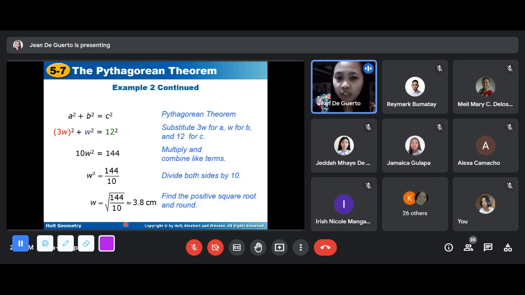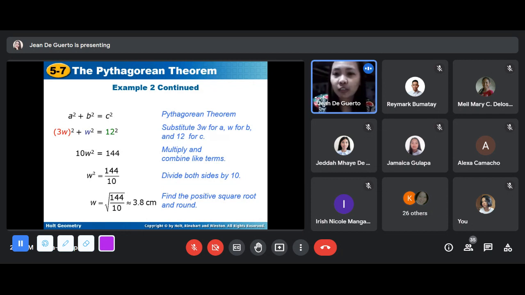You make use of this symbol. Okay, especially pag hindi siya exact yung decimal na lumabas. Ibig sabihin naka-round off lang yung final answer ninyo. So, kagaya ng nabanggit ko, you need to attach or write the correct unit of measure doon sa final answer ninyo. Okay?